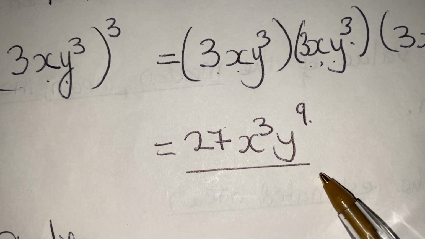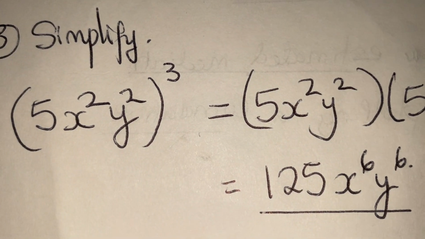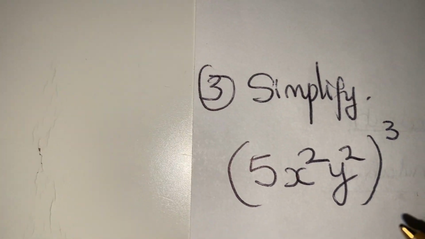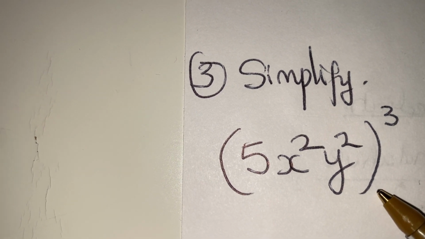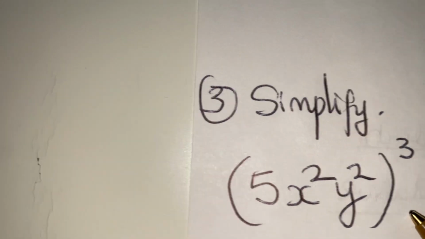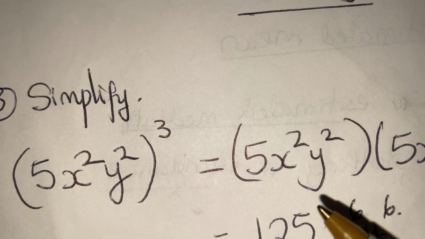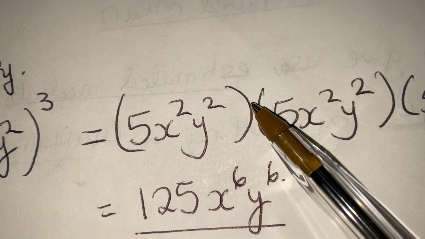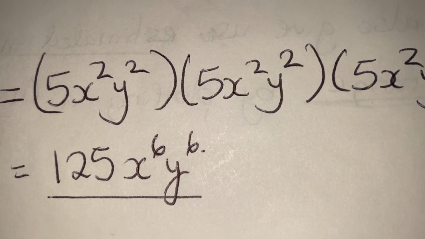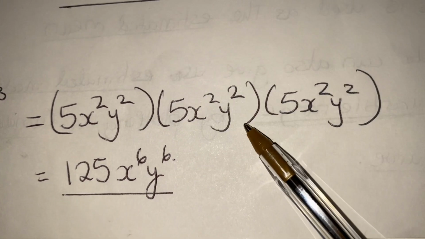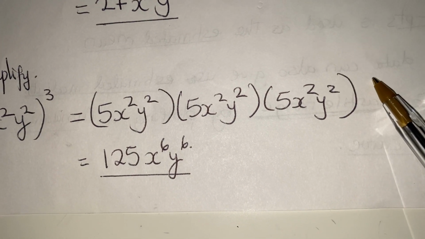Okay, so we simplified. Now our last starter, (5x squared y squared) all cubed. So 3 times: 5x squared y squared, 5x squared y squared, 5x squared y squared.